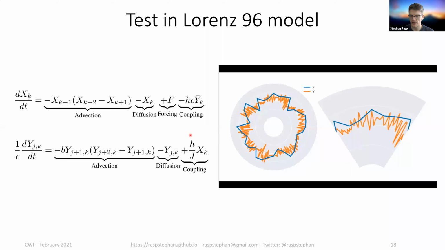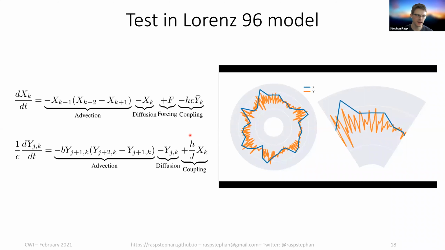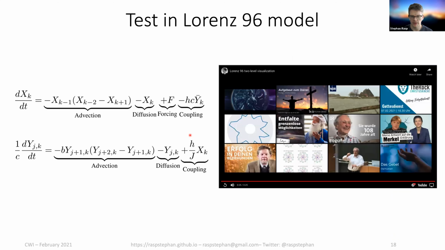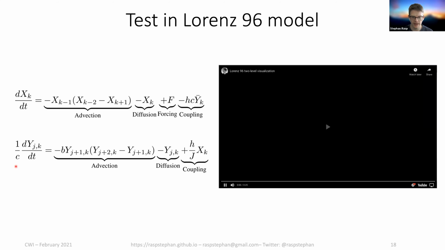And you can see how they interact with each other. And the idea, this is a very popular model for parameterization research, because the idea basically being that you want to parameterize, you want to basically say, okay, my y, my fast variable is unresolved, and I need to find an approximate parameterization for this fast variable.